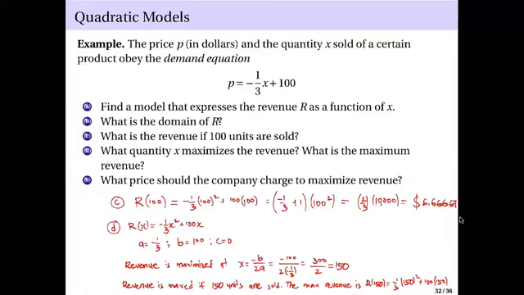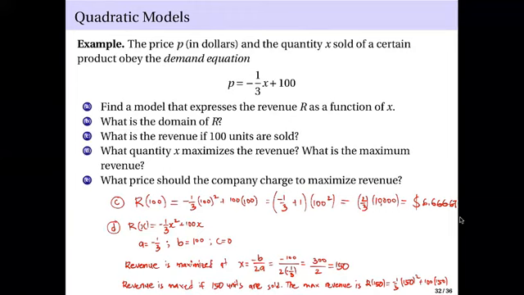So 150 squared divided by 3, that's negative, plus 15,000, we'll get 7,500. Okay?